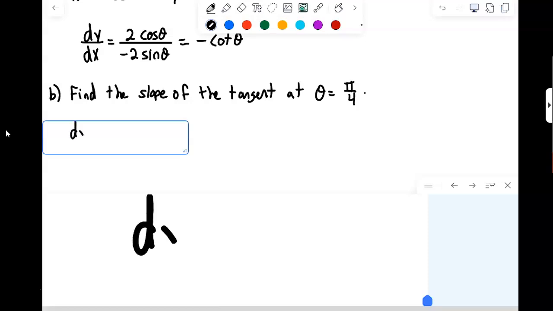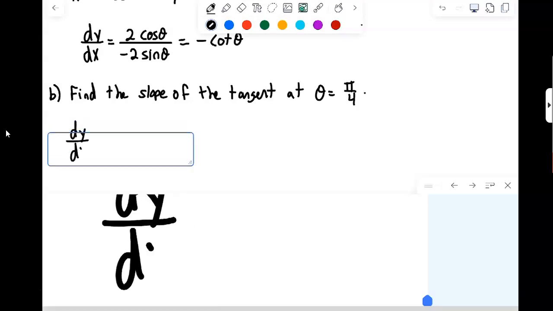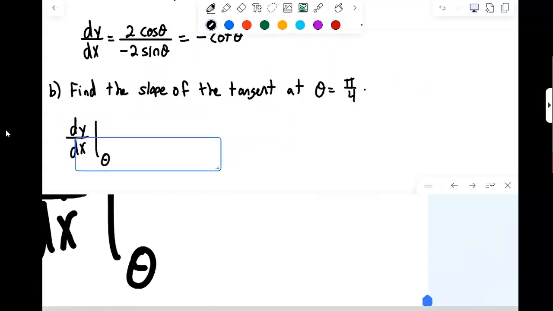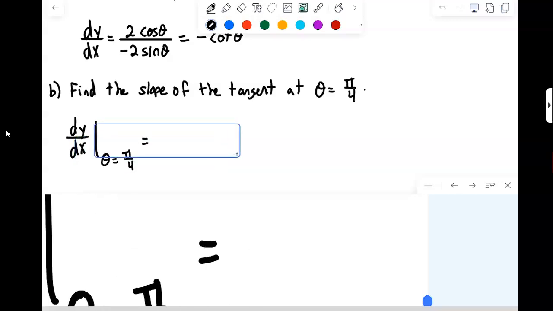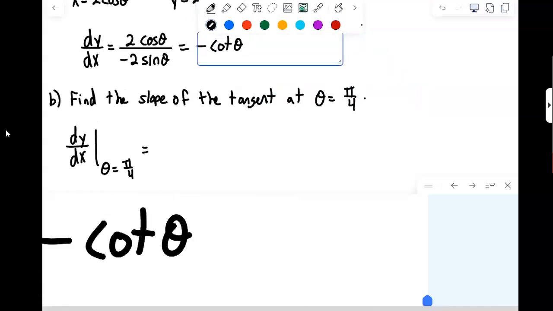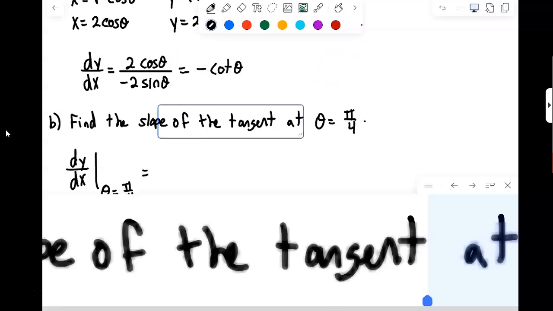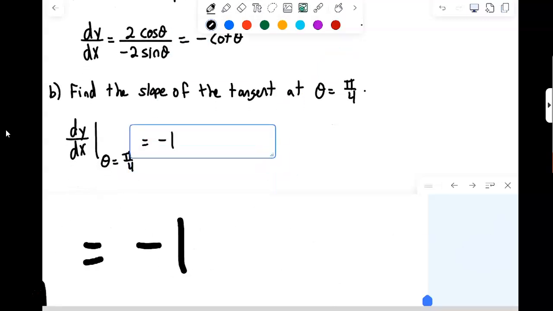So we take our dy/dx function and evaluate it when theta equals pi over 4. In other words, plug pi over 4 into our cotangent function. Of course, cotangent of pi over 4 is the reciprocal of tangent of pi over 4. Tangent of pi over 4 is 1, so cotangent is 1. You have the negative in front. So the slope of the tangent line here would actually be negative 1.